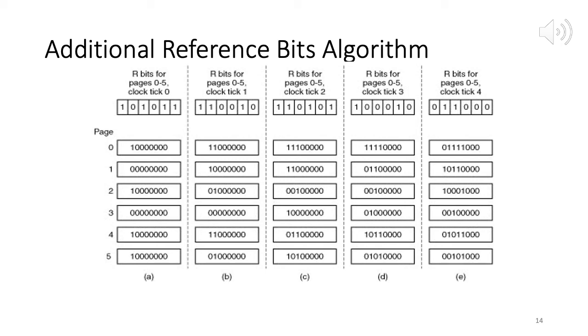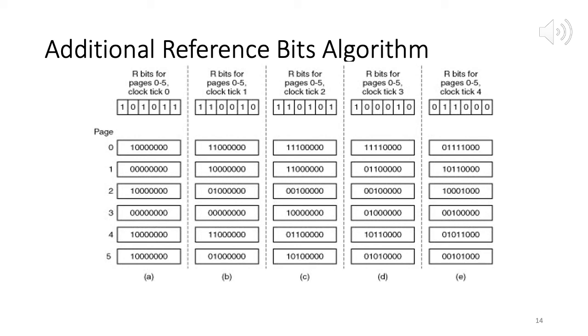We have 6 pages here, pages 0 to 5. At clock tick 0 the R bits are 1 0 1 0 1 1, which means page 0 has been accessed, page 1 has not, page 2 has not, and pages 4 and 5 both have been accessed.